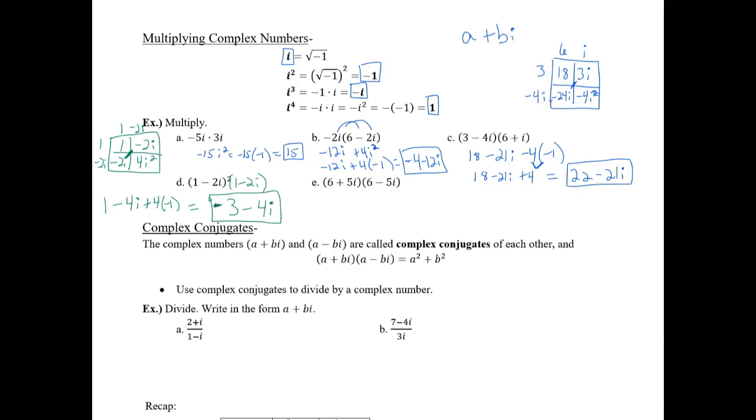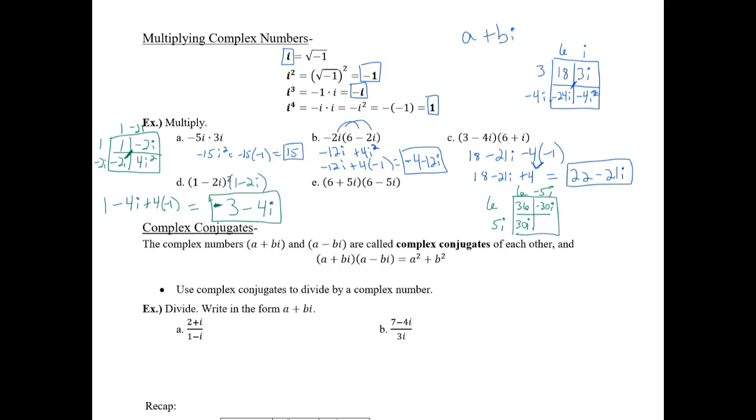Alright, and now part E. Again, I'm going to box it out. I have 6 plus 5i times 6 minus 5i. 6 times 6 is 36. 6 times a negative 5i is negative 30i. And 6 times positive 5i is positive 30i.